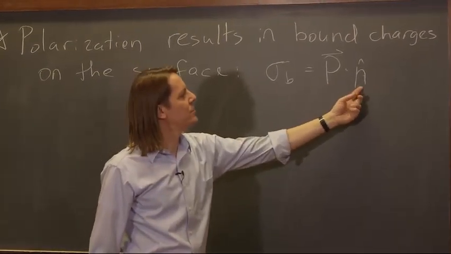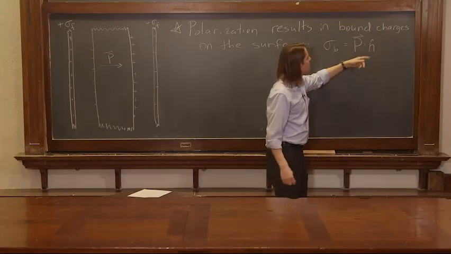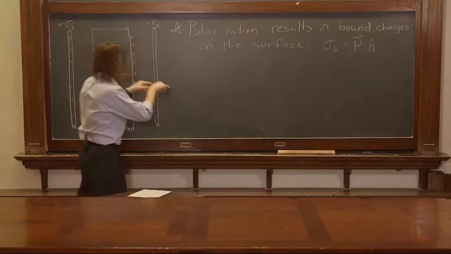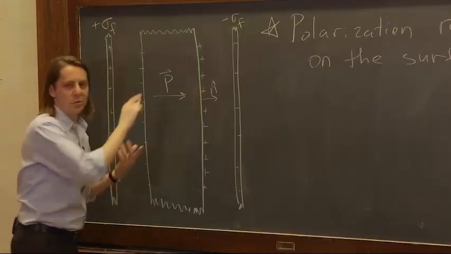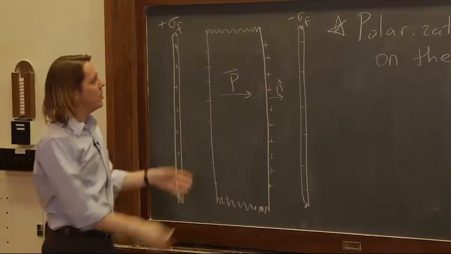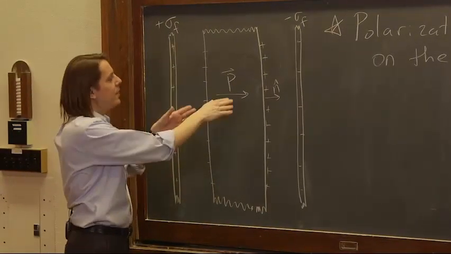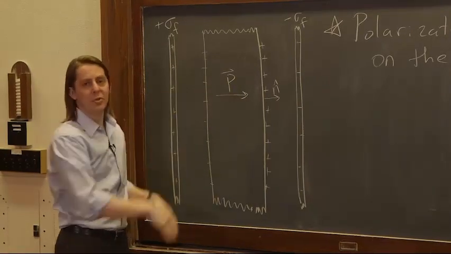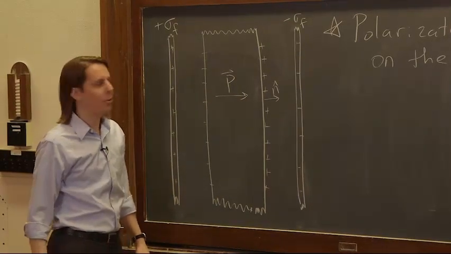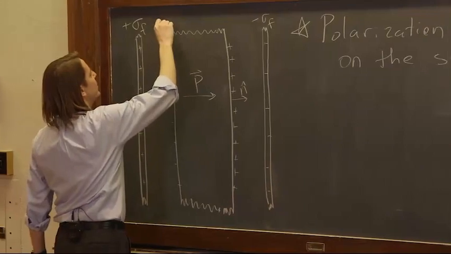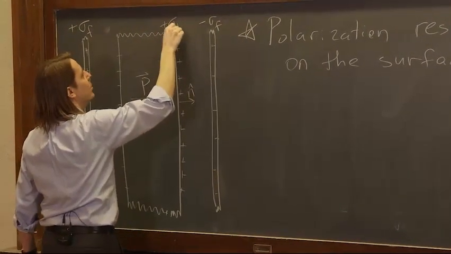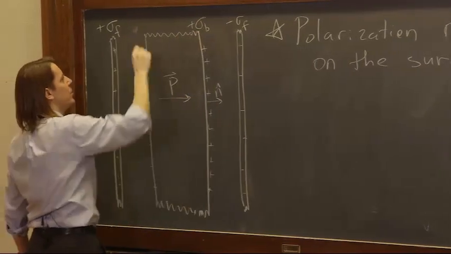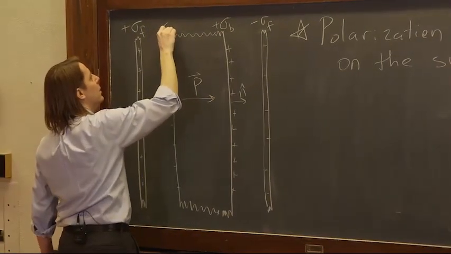So here, we're just saying that you have to take the dot product between the P and the N. And in our case, we're doing one dimension, so N is just normal to the surface anyway. So in this one-dimensional case, the charge density is simply equal to the magnitude of the polarization field. And the charge density then we could label as, here on this side we have plus sigma, and I'll put B, to remind you that's the bound charge, and minus sigma B.